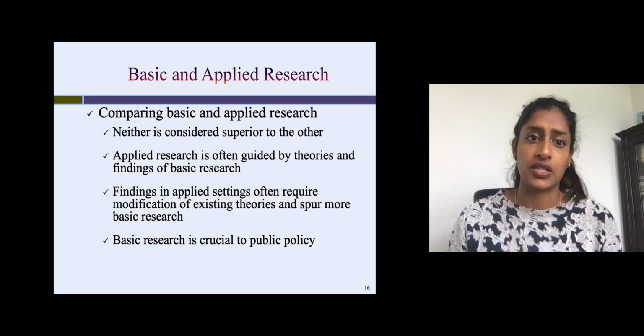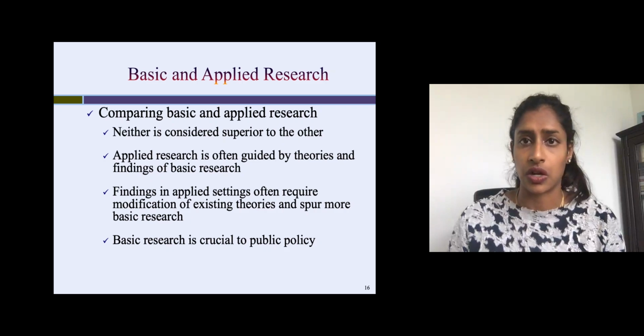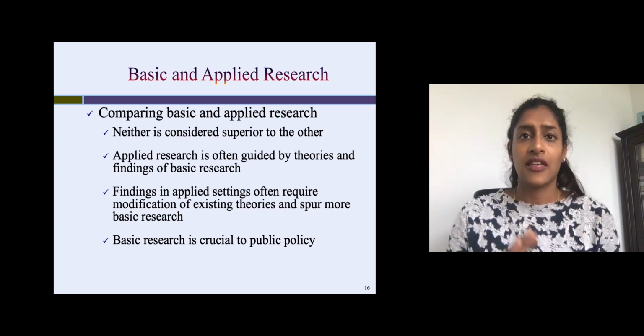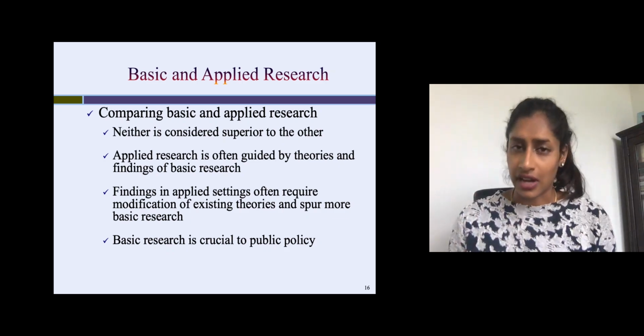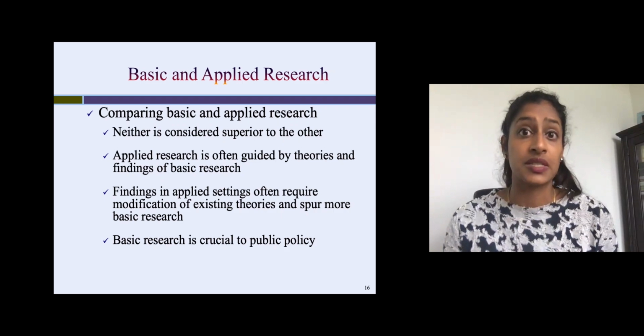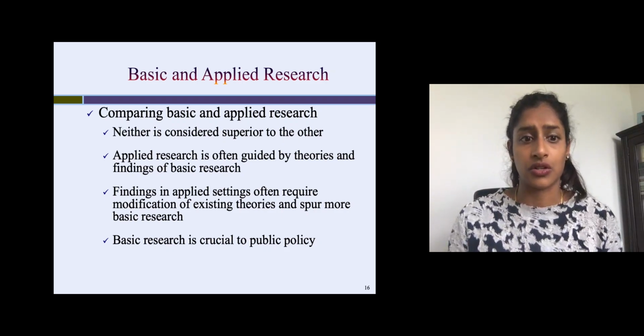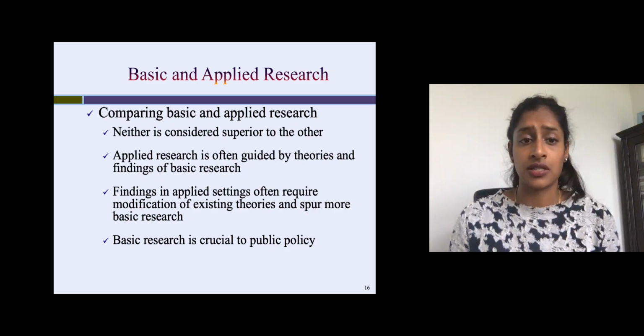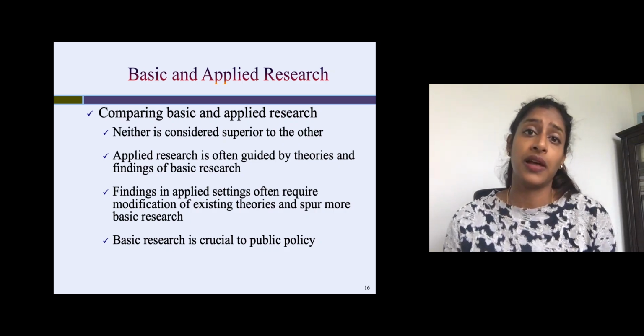Applied research is often guided by theories and findings of basic research, as we talked about. And we might need to then use, from that applied setting, modifications that then influence our theory and that further spur that basic research to continue. We also see that basic research is essential for things like public policy.